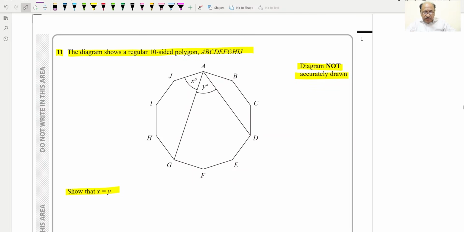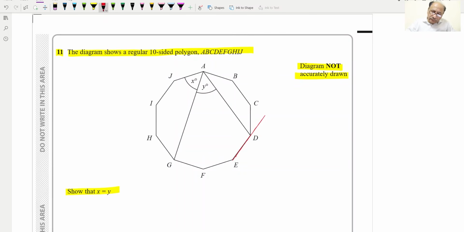So what we can do, first of all, we can figure out the angles. How we can figure out the angles? Basically, we can first draw the exterior angle, like if I extend this side.